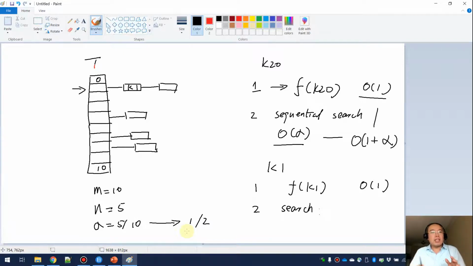So this is the expectation, right? For this search, we are expected to only search half of the linked list to find the value we are looking for. So that is alpha divided by 2, because alpha itself is the expected length of the current linked list. So if we add those two together, we get 1 plus alpha divided by 2.